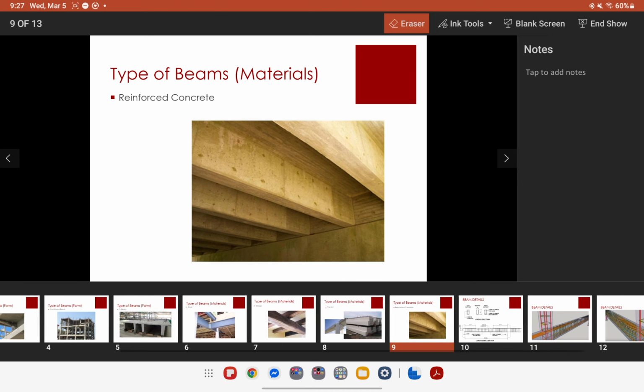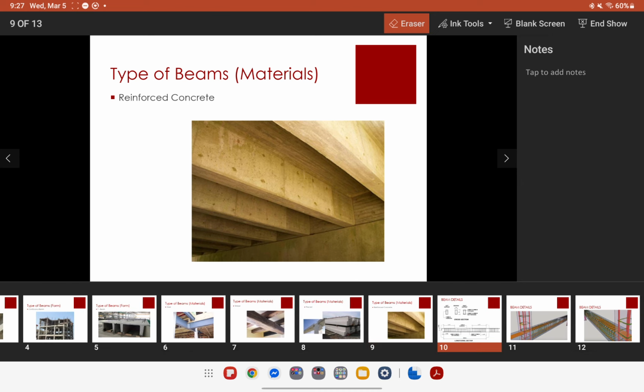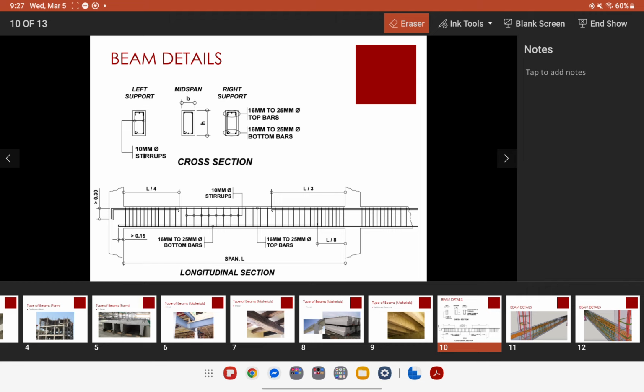So this is what we commonly see in your drawing details, structural details for your beam.